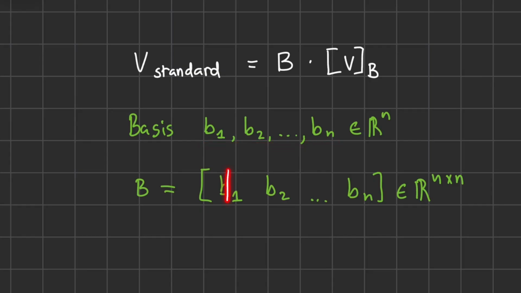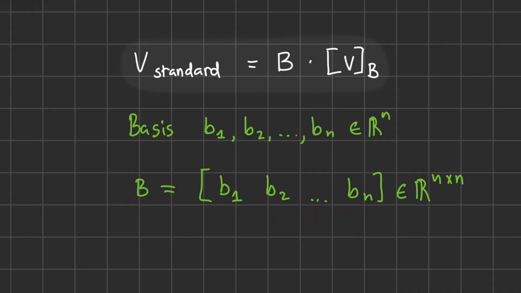Each one of these basis vectors has length n, and we align them as column vectors here, so that B consists in its columns of these basis vectors. As there are n of them, and they have size n, this gives us an n times n matrix. And since these vectors are linearly independent, the columns of this matrix are linearly independent, and therefore our matrix B is invertible.